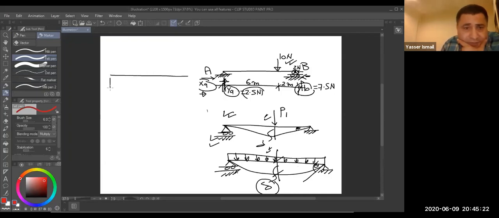I have here 2.5 Newton, here 2 Newton, here 10 Newton, here 2 Newton, and here 7.5. I need all of you to draw the bending moment diagram.